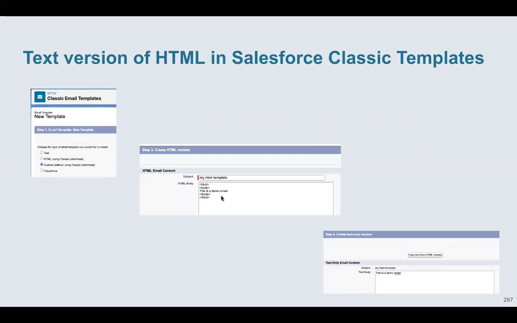And you basically create your HTML, and then you have the text version of that HTML. And again, there is a copy text from HTML version option. So you would want to make sure that you click on that button to get the auto text.